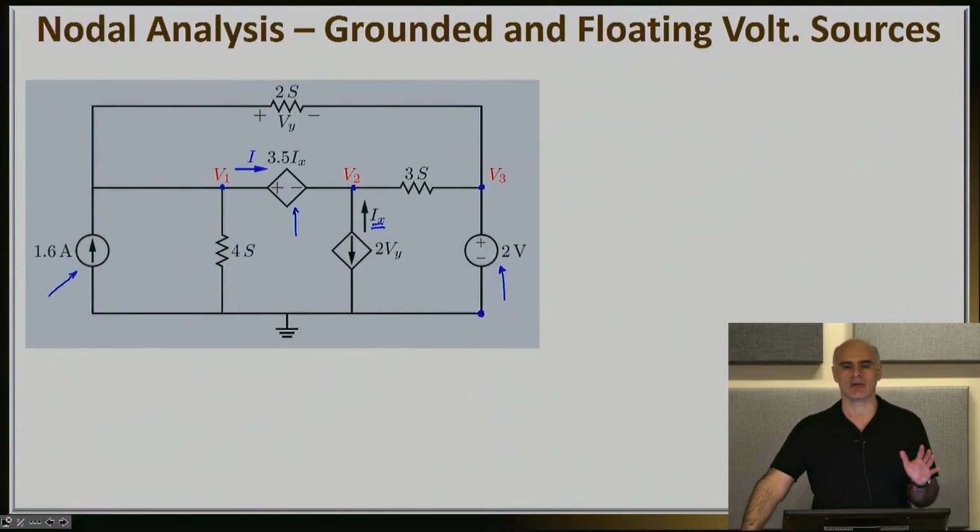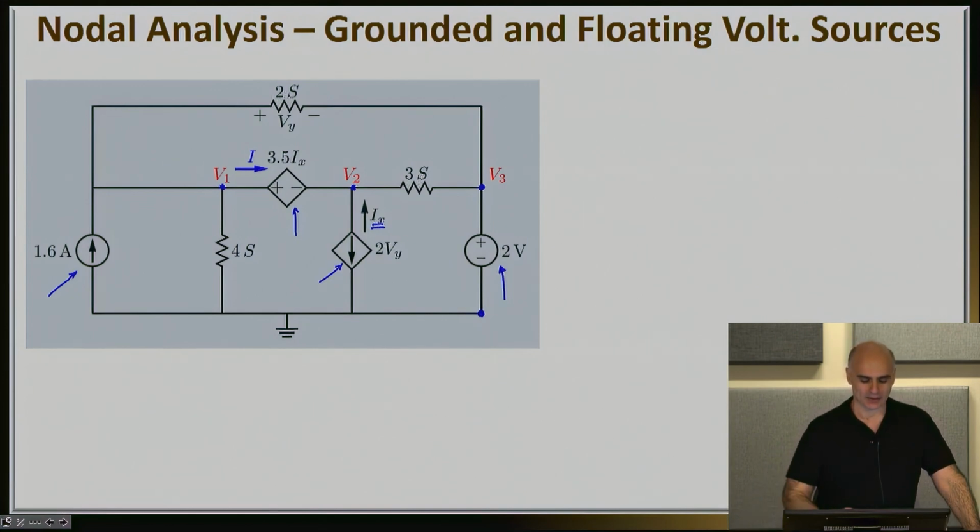This will not change the way we're treating floating voltage sources, but it will add one more degree where we have to think about what to do with that dependency. And finally, we have a dependent current source right here, whose value is 2 times Vy, where Vy is the voltage drop across the resistance with a conductance of 2 Siemens.